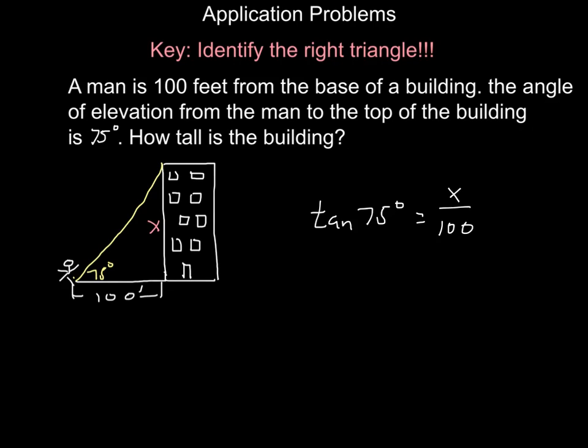So now I need to solve it for x. To do that, I'll multiply both sides by 100. So I'm going to get 100 times the tangent of 75 degrees equals x. At this point, I can just plug it into my calculator and see what I get.